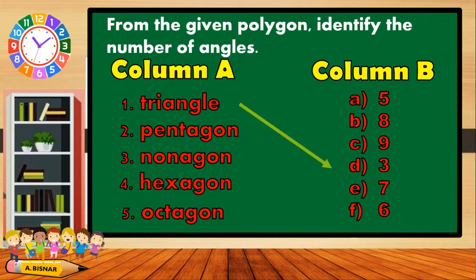Okay, correct. Espana and Clark. So, triangle has 3 angles. How about number 2, pentagon? With pentagon, it has how many angles?